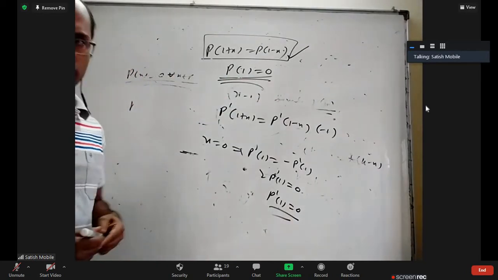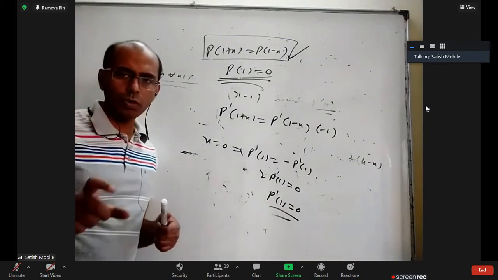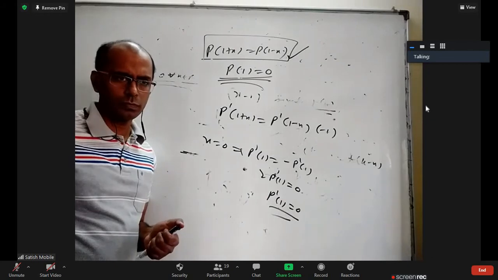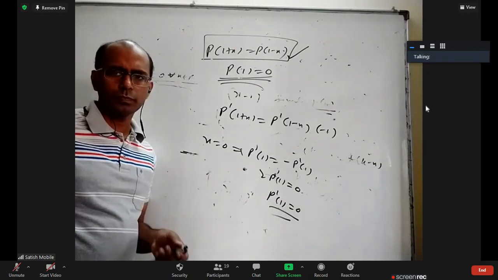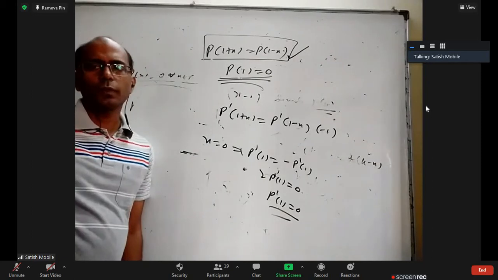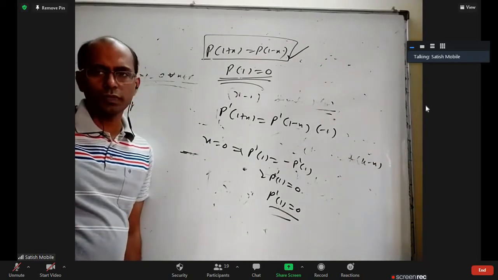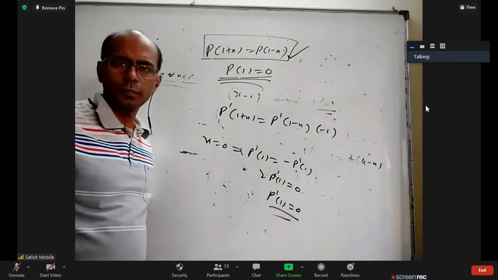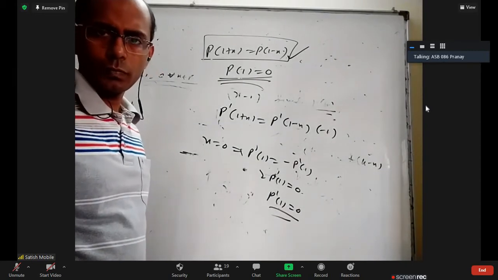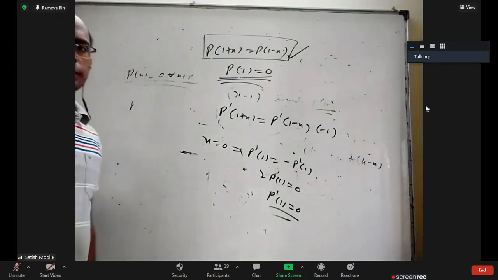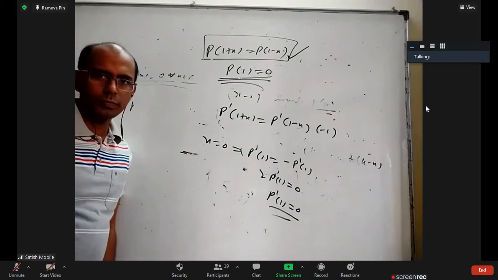According to the theory of equations, if alpha satisfies a polynomial and its derivative, what does it mean? Anybody remember in theory of equations? If a number satisfies the function and its derivative in a polynomial, it is a repeated root, multiplicity.